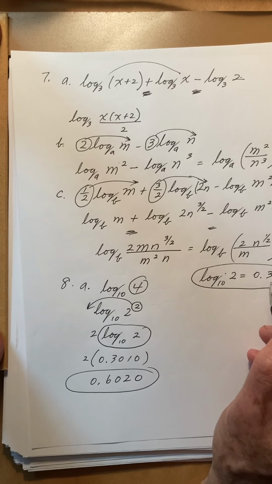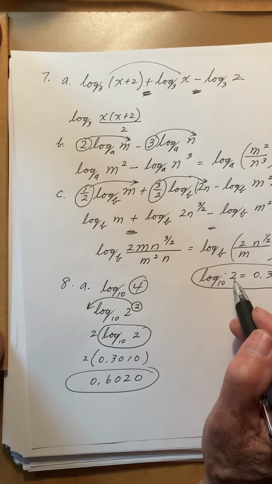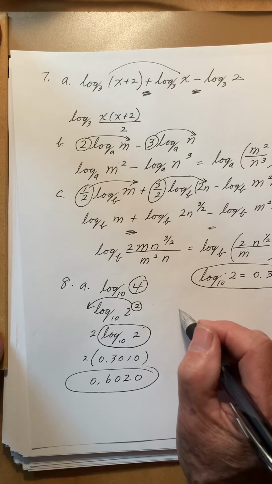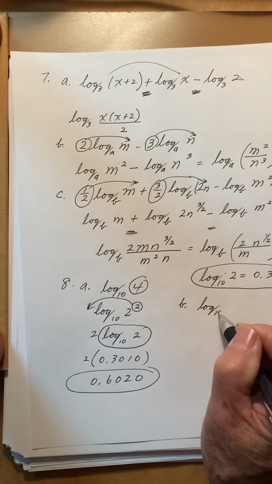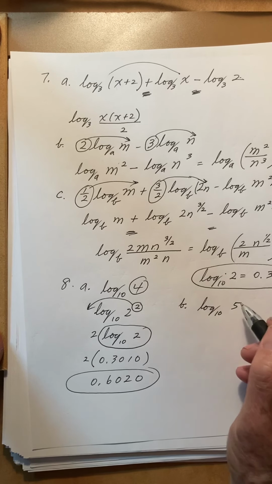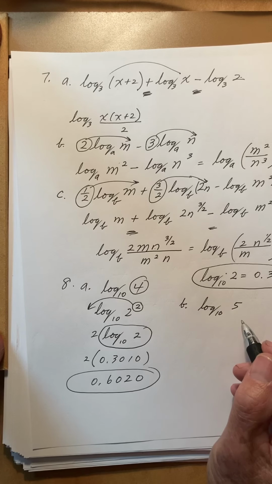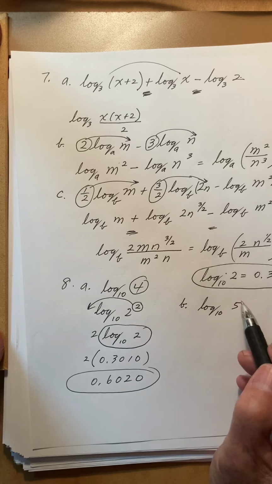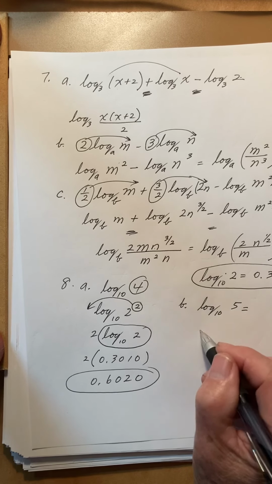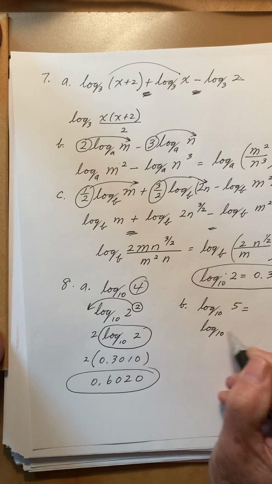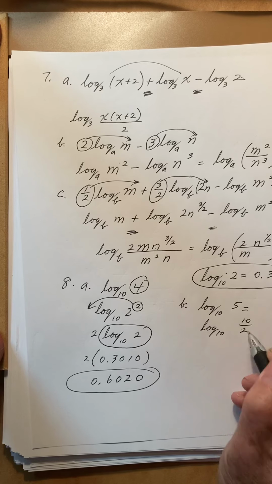So knowing the numeric value of one particular log, we can find other ones. The next one is log base 10 of 5. Now, the way that we get 2 out of 5 would be to rewrite this as the log base 10 of 10 over 2.